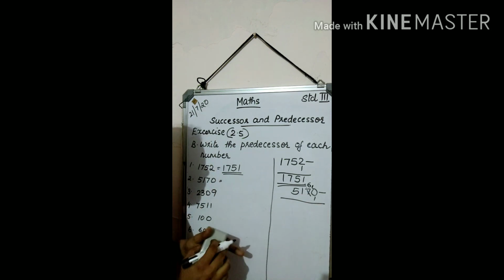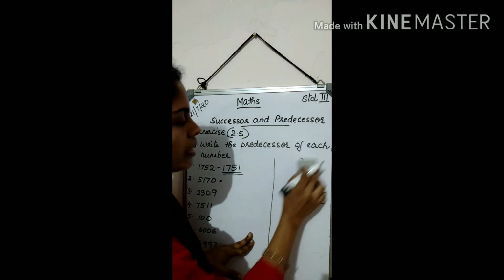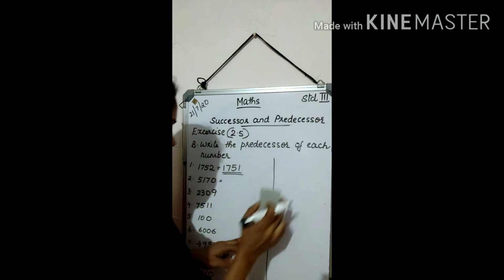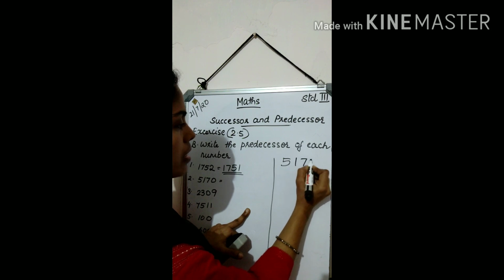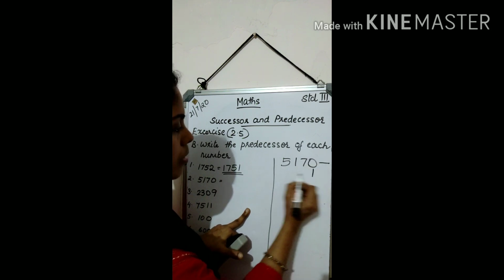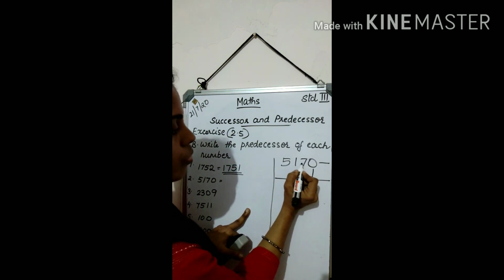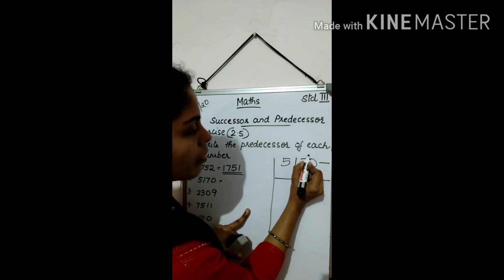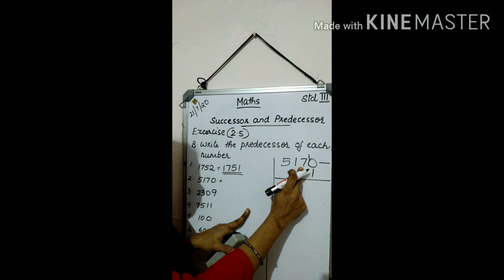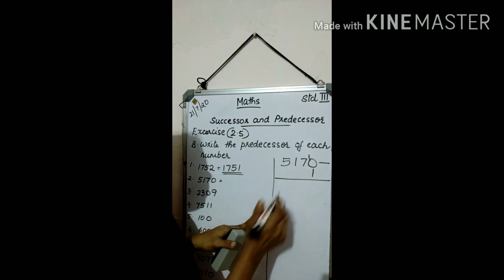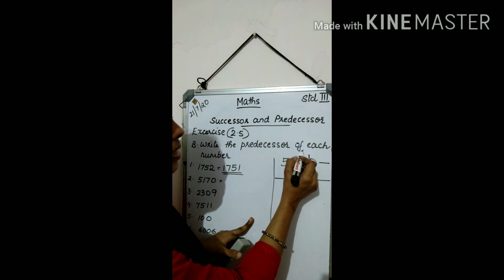10 minus 1, I will write it clearly here. You look here, 5170 minus 1. So you have to borrow 1 from here. When we borrow 1 from 7, what will this 7 become? It becomes 6.